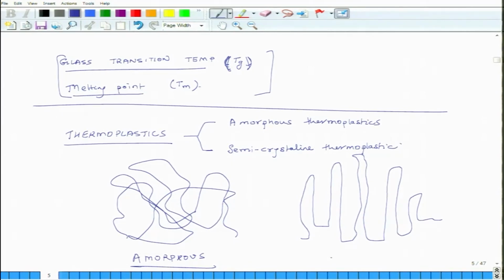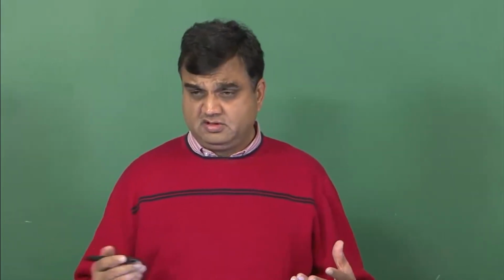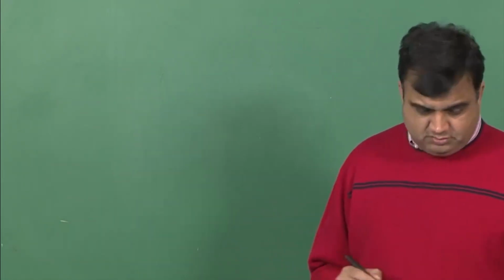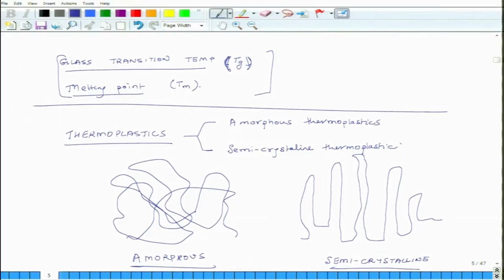That is why we call these semi-crystalline. If the thing is 100% crystalline, it will be called crystalline, but because in case of plastics nothing is 100% repeating after itself, they are semi-crystalline materials. So, that is the thing.